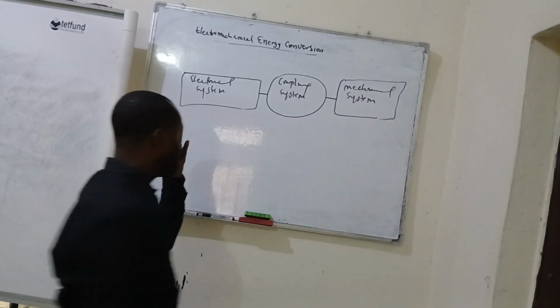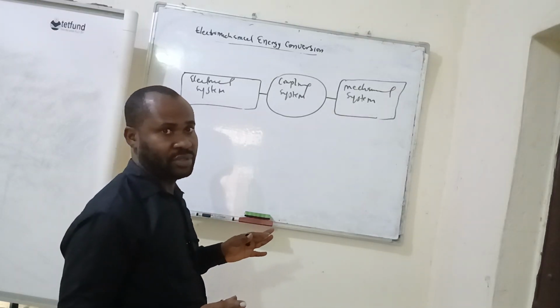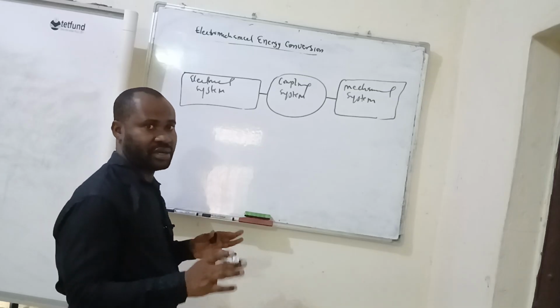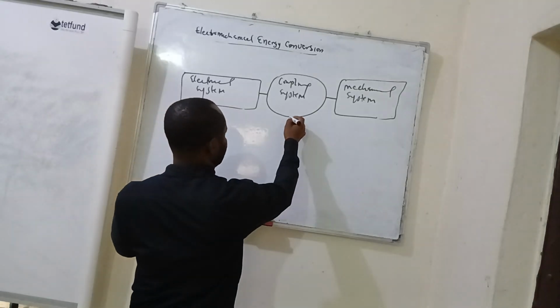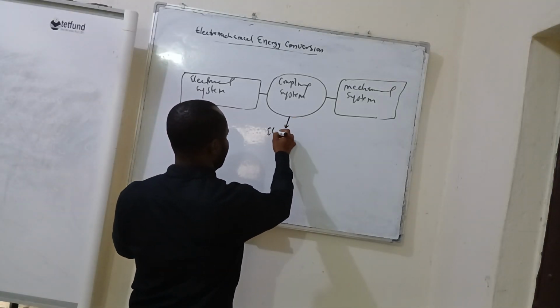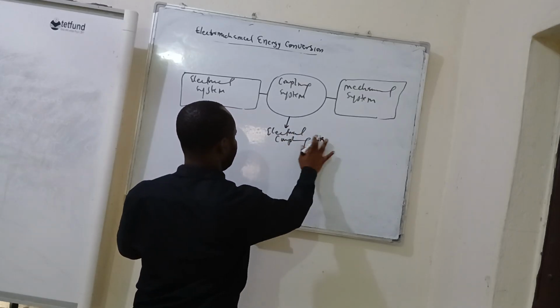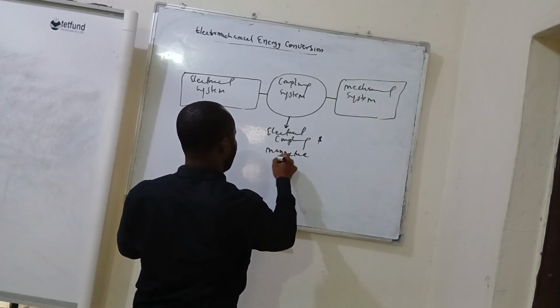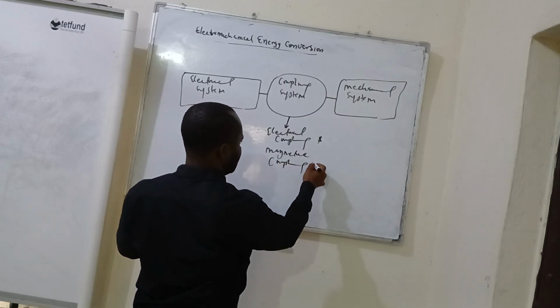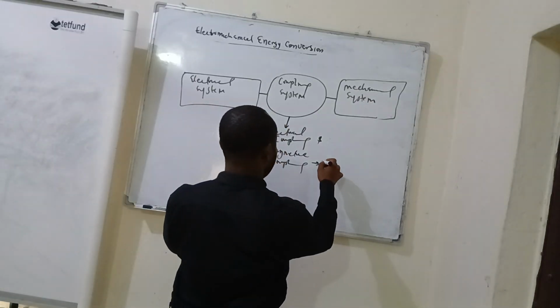So this coupling system is in between the two systems, electrical system and mechanical system, during the process of energy conversion. So we have two types of coupling field. We have electrical coupling, we also have magnetic coupling field.